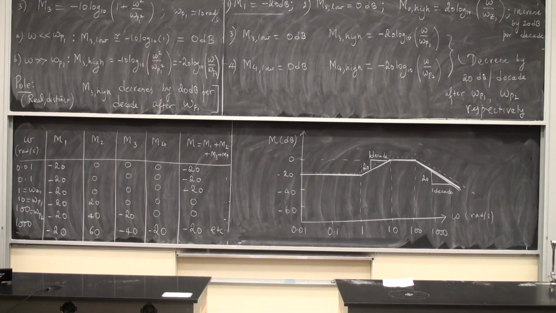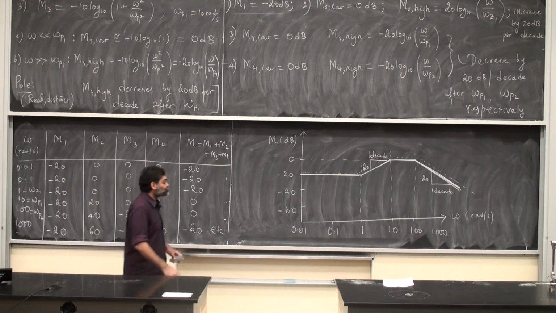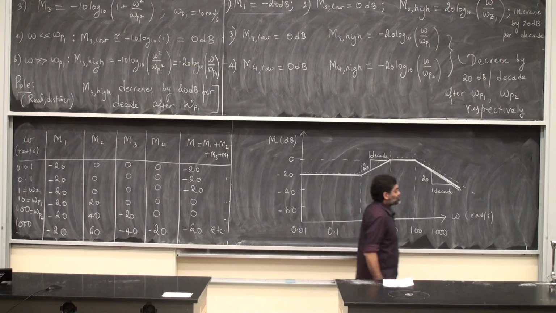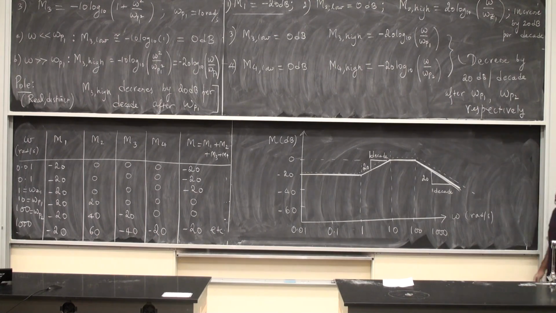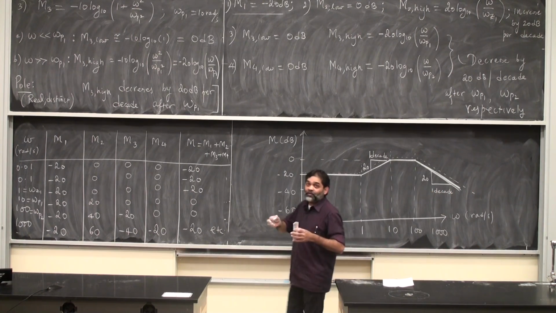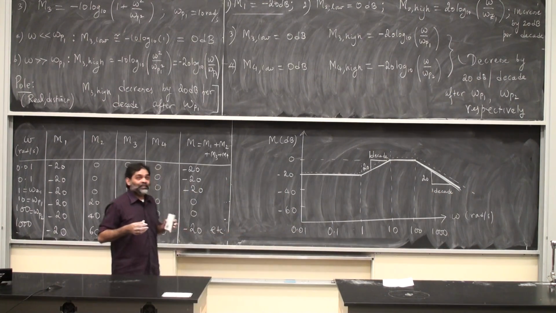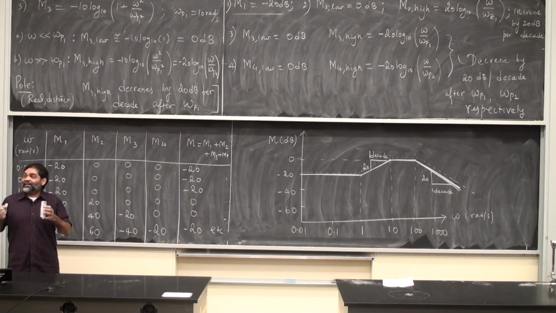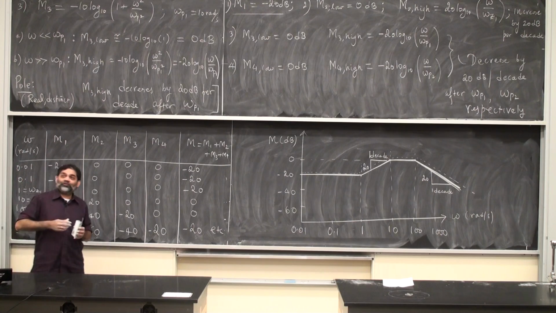But this is the asymptotic analysis, so that's why it looks broken up. This is a nice problem because it has nice numbers. Don't expect the same charity in the final exam. But you get the basic idea that if you have numerator dynamics, it does not matter. I can still use the information I have from before and plot what I can.